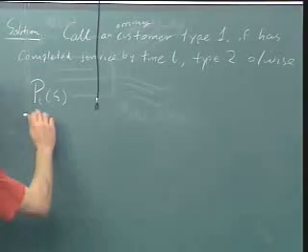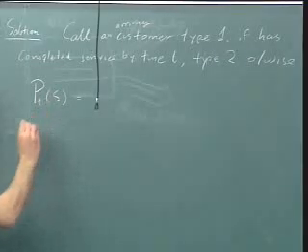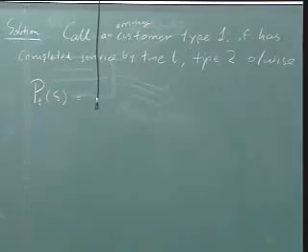And now let's see what P_i(s) is. We only have 2 types. So P_1(s) is the probability that, given that someone has arrived at time s, he will be type 1. Okay? So what does that mean?